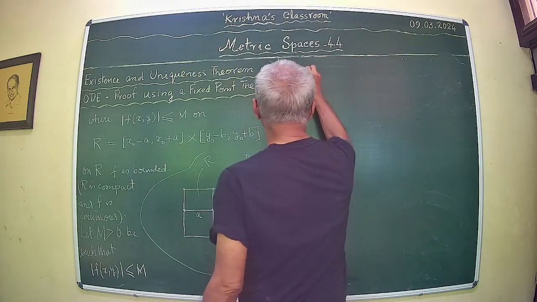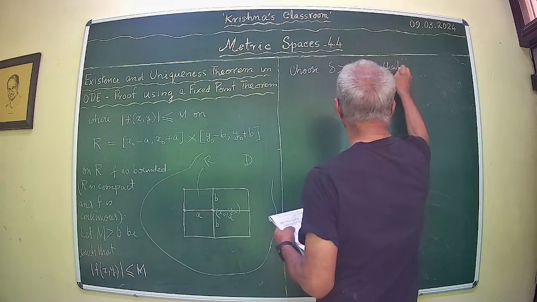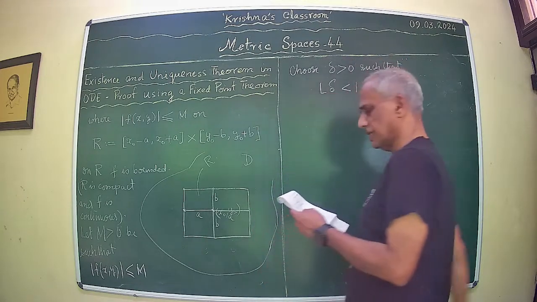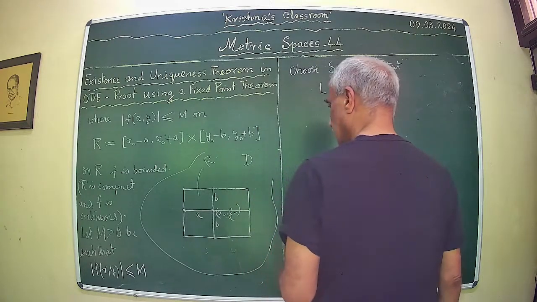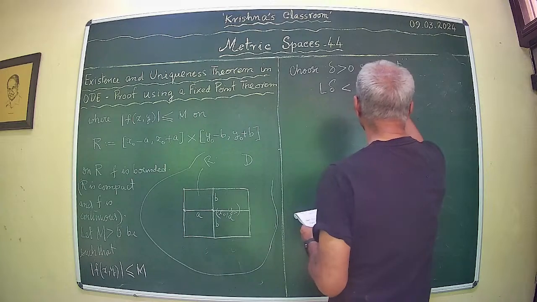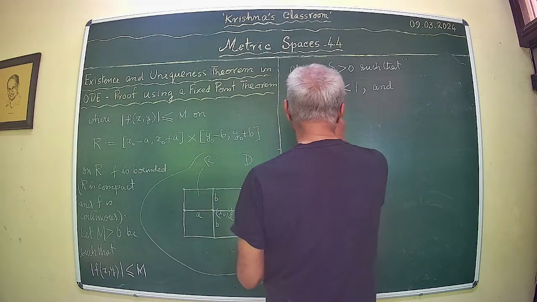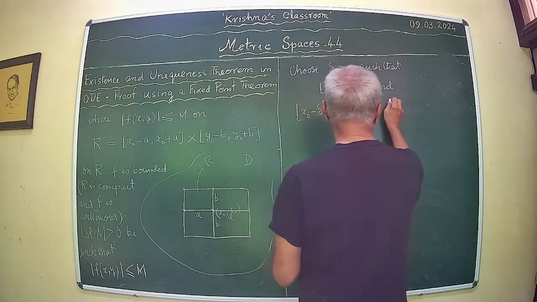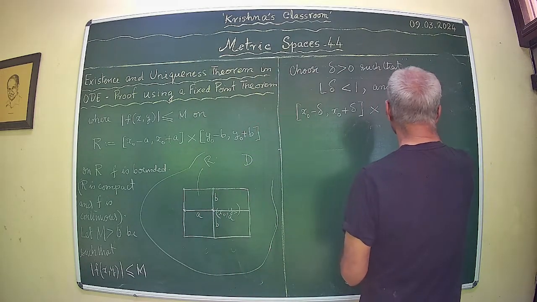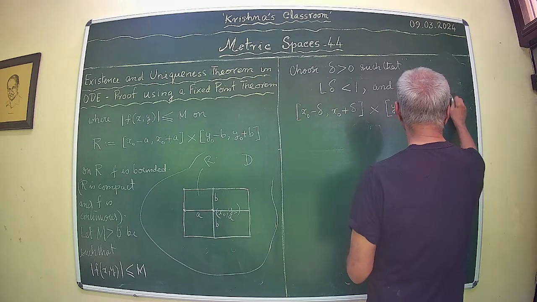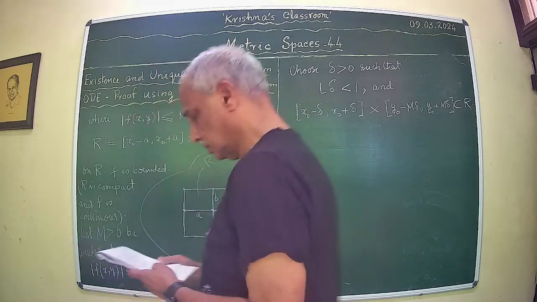We choose less than 1, and x naught minus delta, the point in the rectangle R. Okay, so we make this choice.